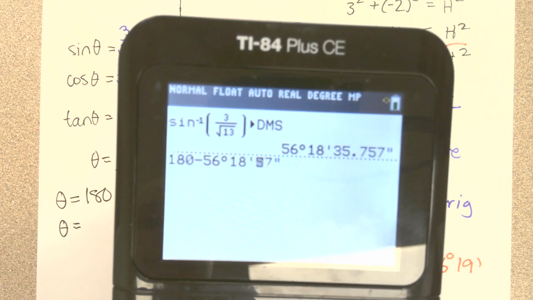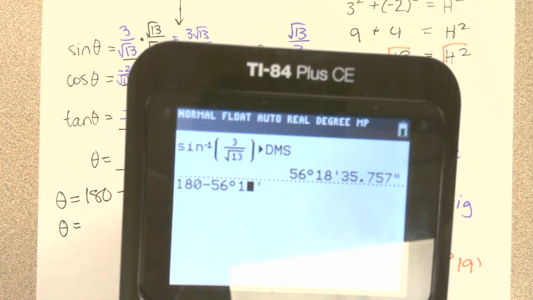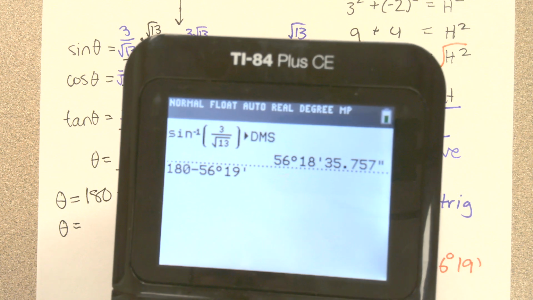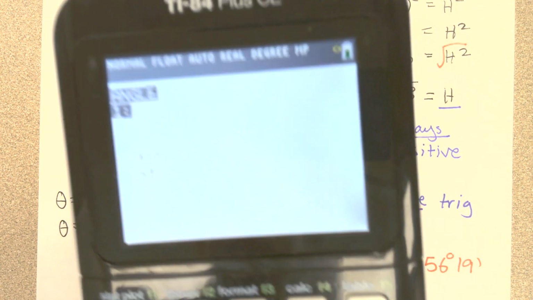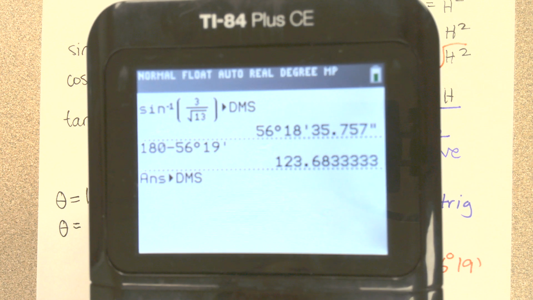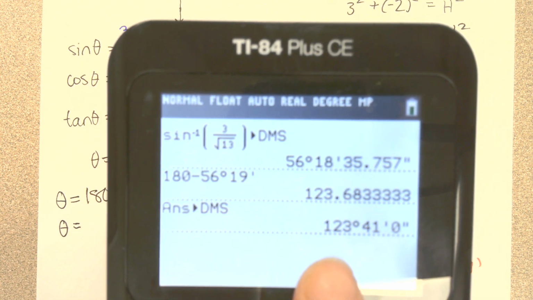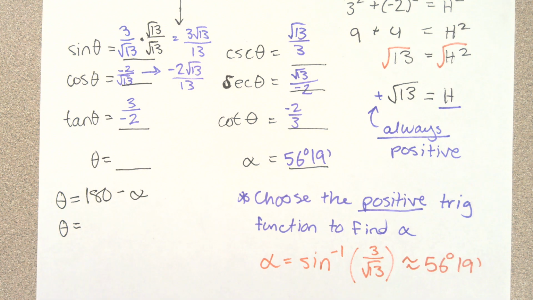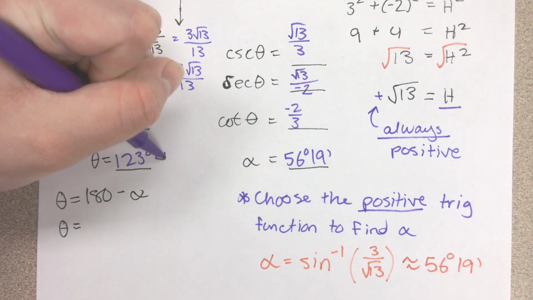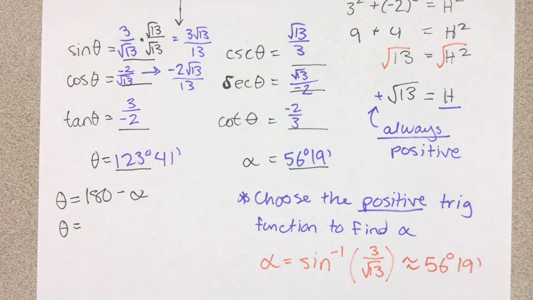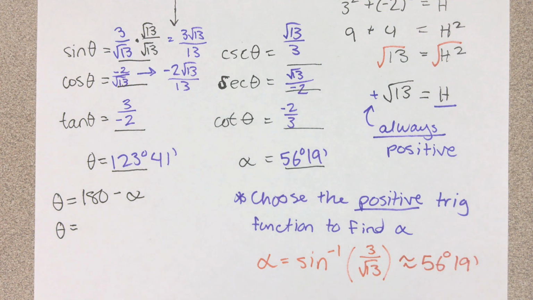I use that all the time. I'm going to change that to 19 minutes and then convert to DMS. 123 degrees, 41 minutes. And there you have it.